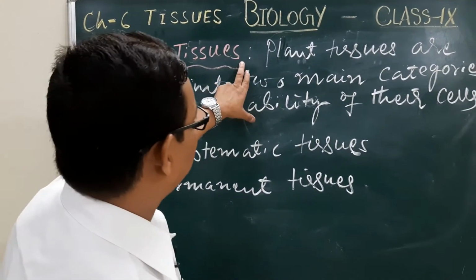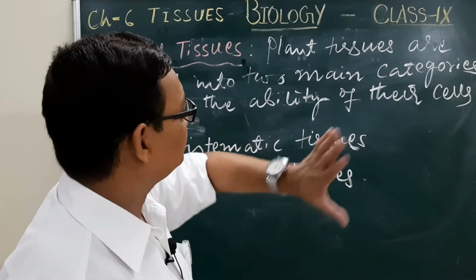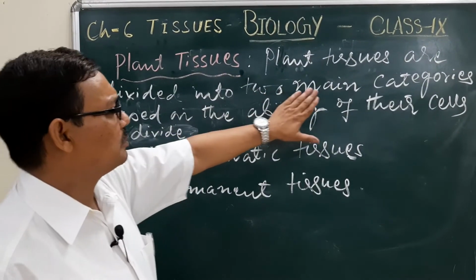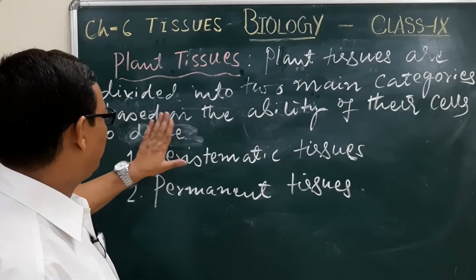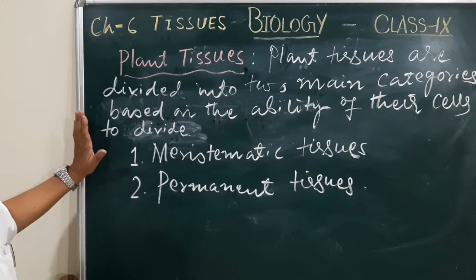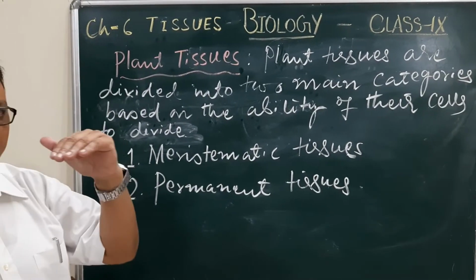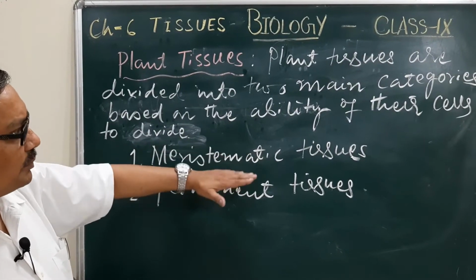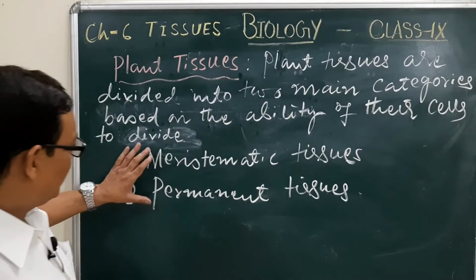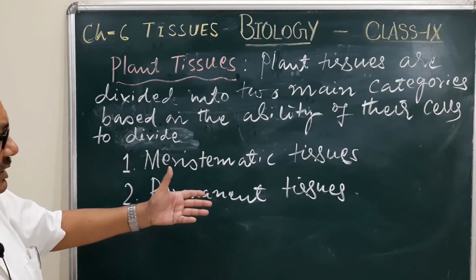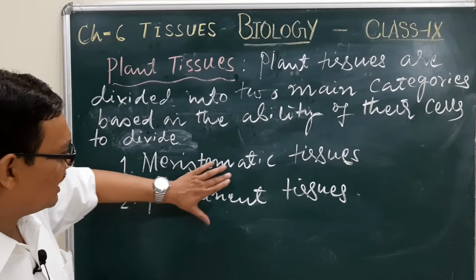Plant tissues and their classification. Plant tissues are divided into two main categories based on the ability of their cells to divide. This is the basic classification, and depending upon the division of the cell or not, it is of two types.